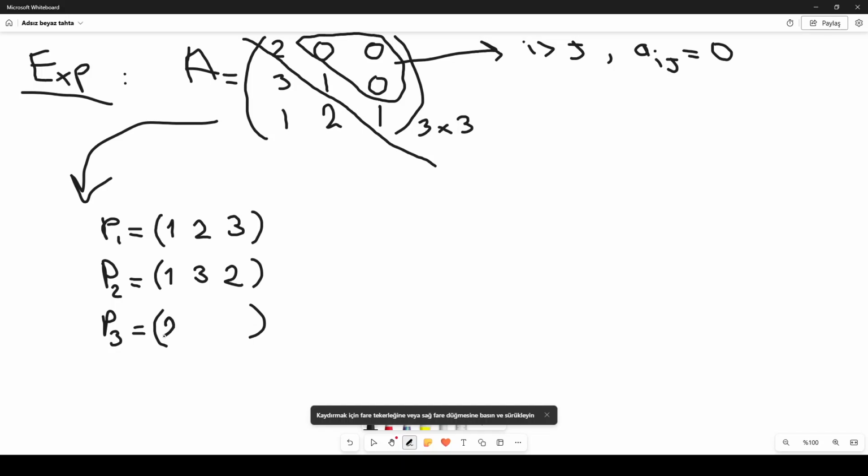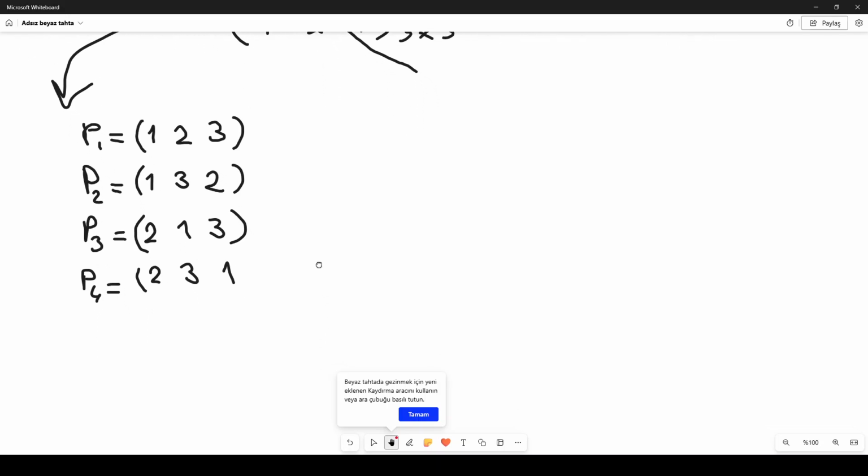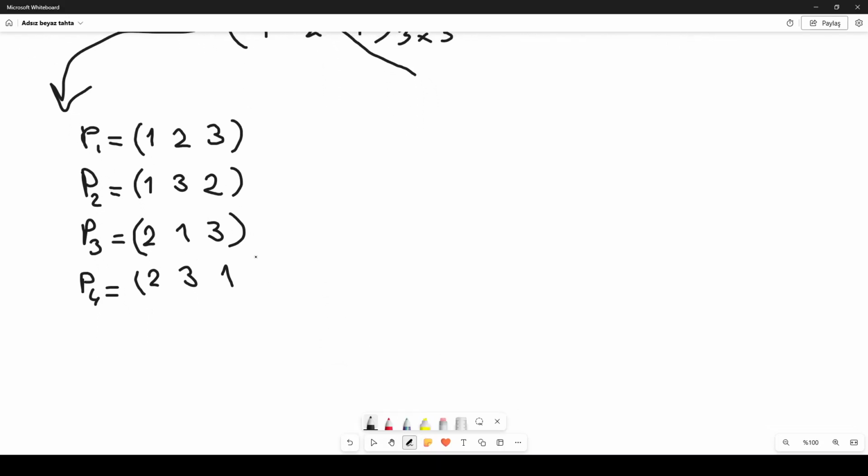If the first position is 2, and then we just swap the other positions, P4 is equal to 2, 3, 1. All right, let's continue. And how about P5?